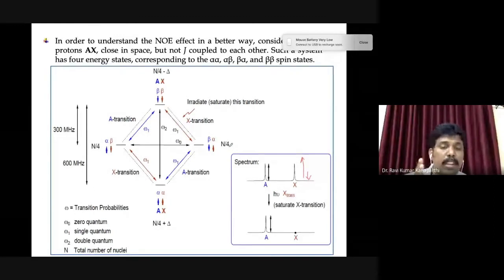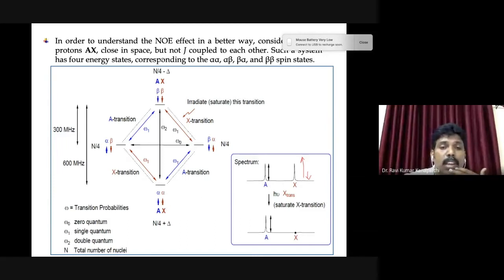Why am I writing this spin system? Because through space they are interacting. Interaction means that they are basically coupling. So the dipole of A and the dipole of X are both interacting. Therefore, they will lead to four spin energy states, not one. And those spin states are shown here.